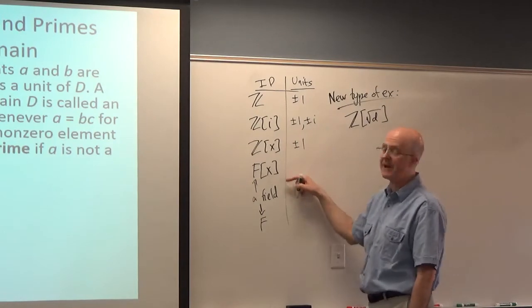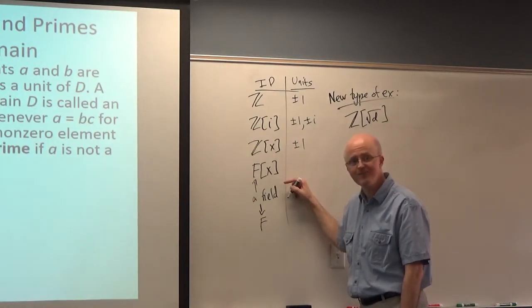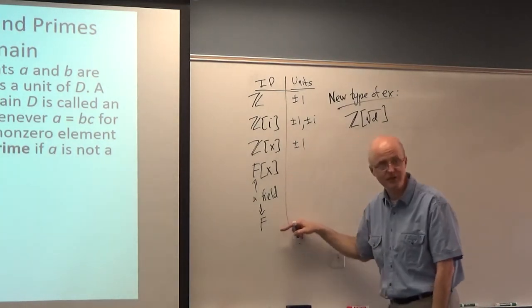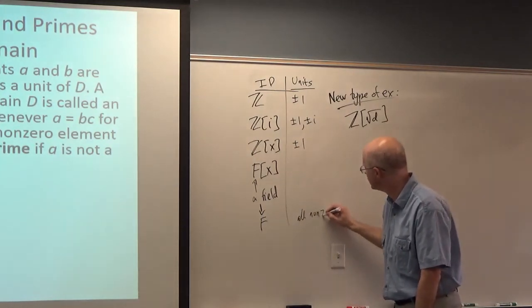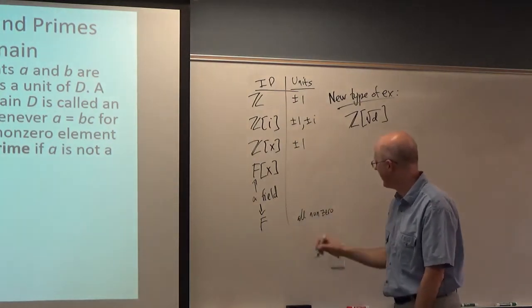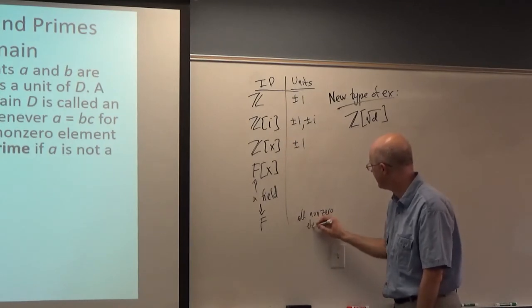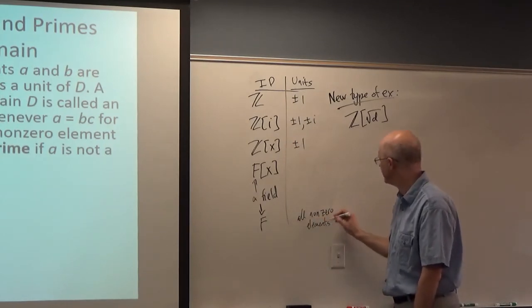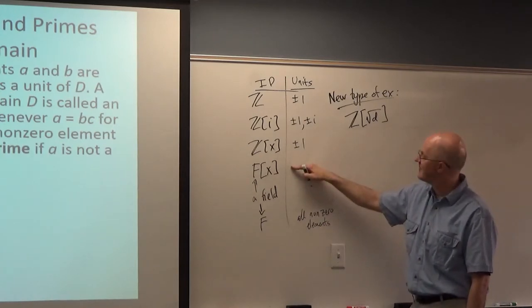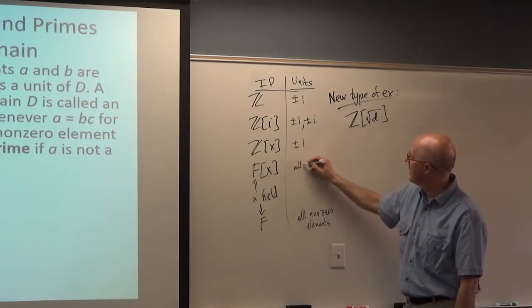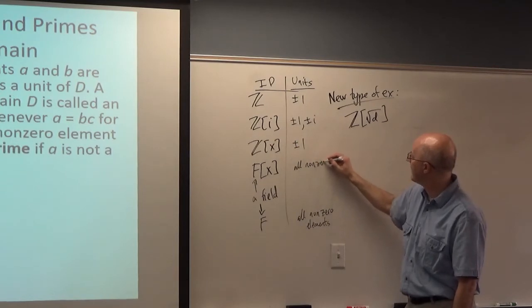The units in F[x], where F is a field, well, let's do F first. The units in F are all nonzero elements. There could be finitely many if F is a finite field, or infinitely many when F is an infinite field. How about in F[x]? The answer is all nonzero constant polynomials.